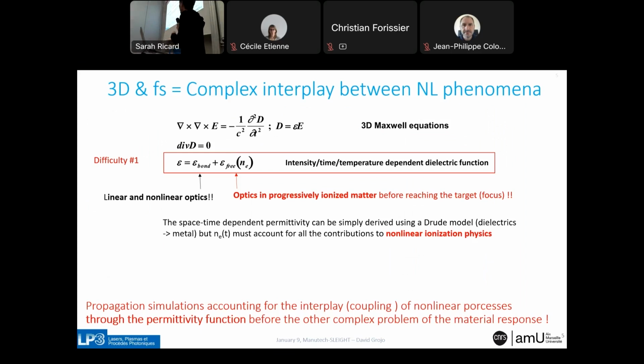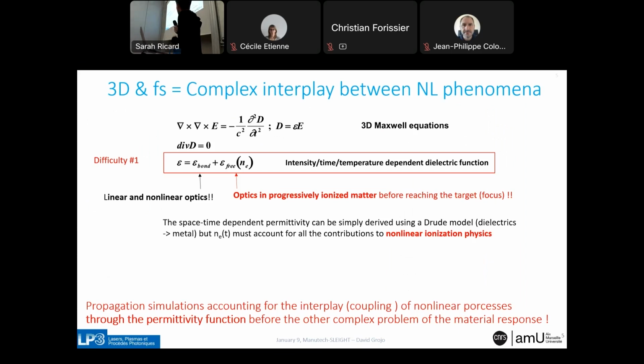So when you solve this propagation equation, you need to account for the bound electron contribution to the permittivity, so linear and nonlinear optics. But you also have to consider the density of free carriers that is created progressively during the pulse. So this is more plasma optics in that case. And to account for this permittivity, I will not go through the equation, but you have to account for all the nonlinear ionization physics that produce these carriers in time and space.